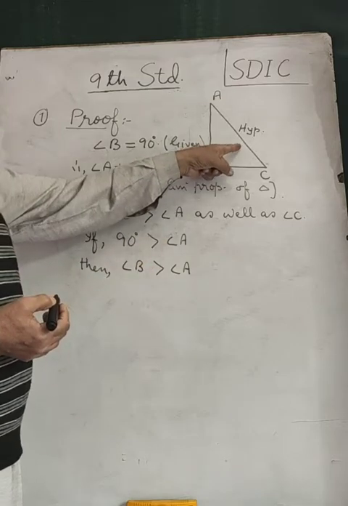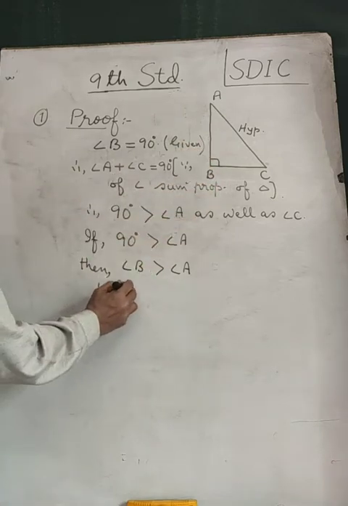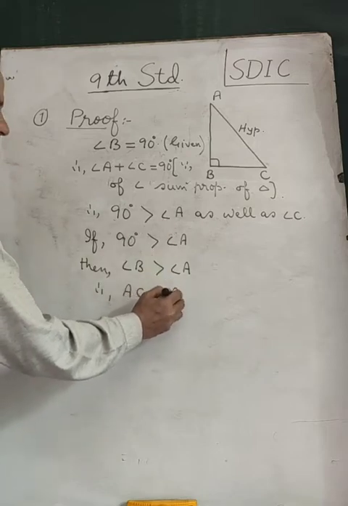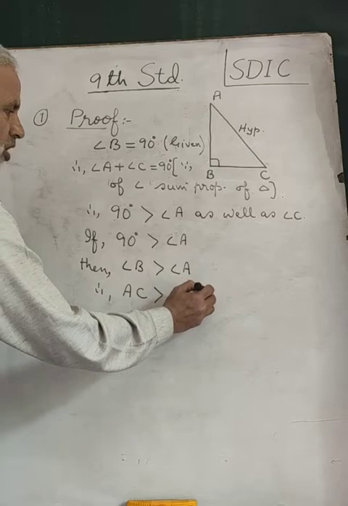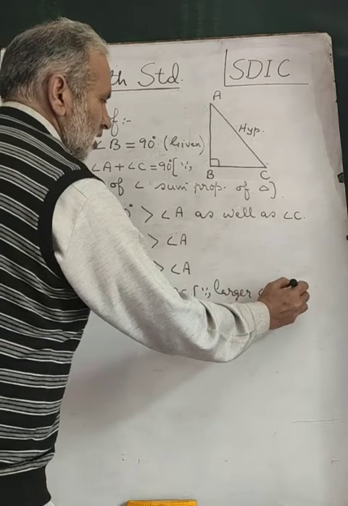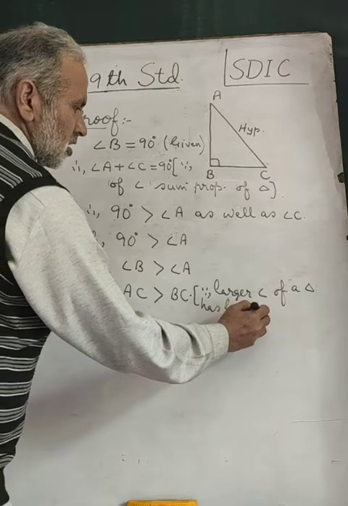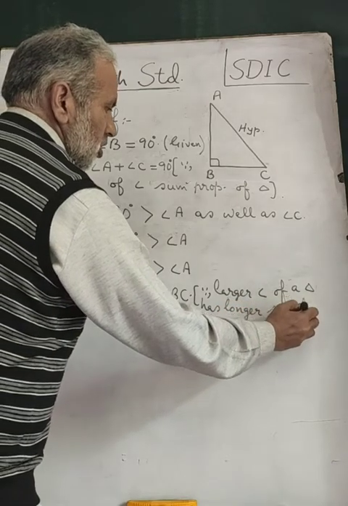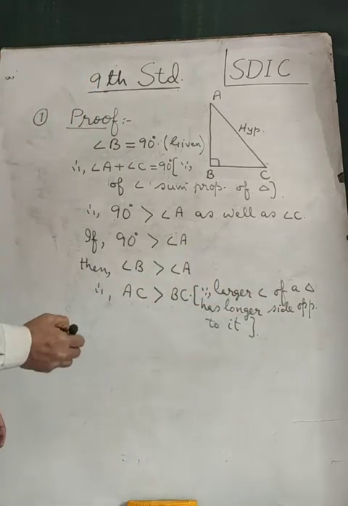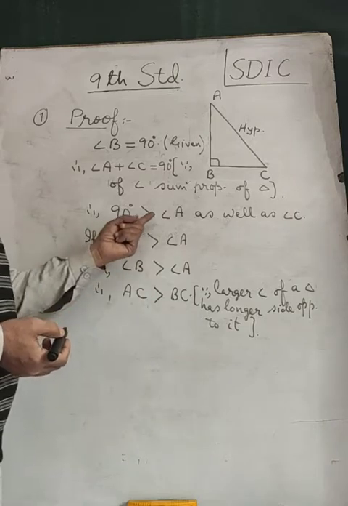The side opposite to angle B is AC. The side opposite to angle A is BC. So we'll say therefore AC is longer than BC. The reason is that the larger angle of a triangle has the longer side opposite to it. I got AC larger than BC by using 90 degrees larger than angle A.